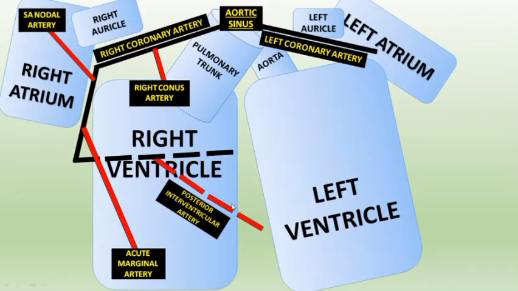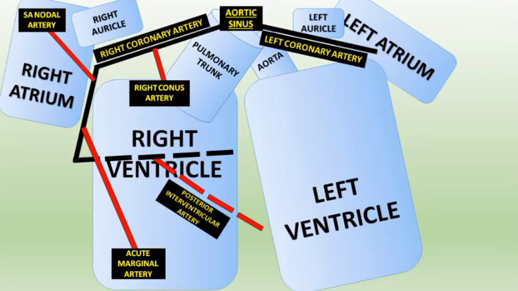Because it is in dotted lines, it means that it is on the posterior side. Now, this posterior interventricular artery also supplies some part of the right ventricle and some part of the left ventricle. It gives a special branch called the septal branch.